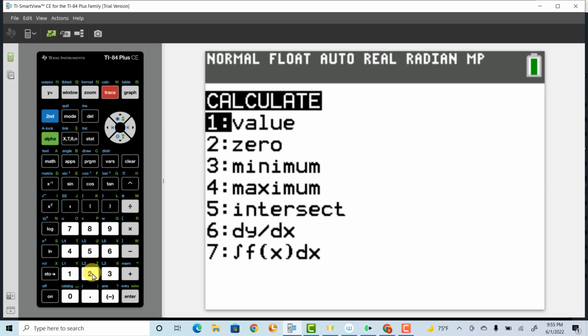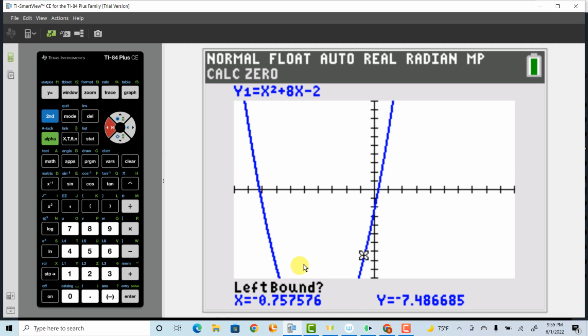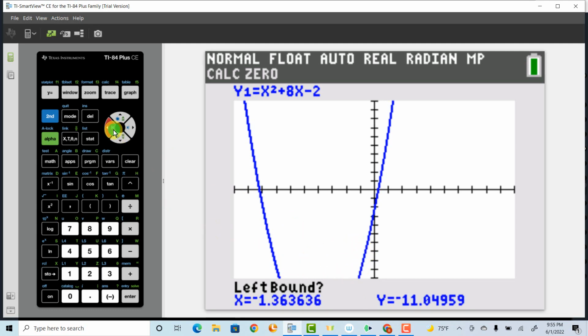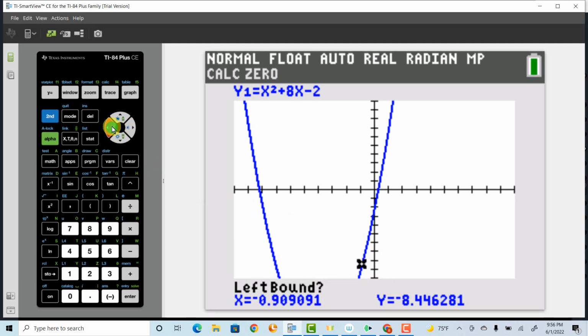Right? Now let's do it again to find this 0. Calculate 0. We're going to move it all the way over. Now, notice when I press my left arrow, I've lost the cursor, but I'm looking at these x and y values, right? So, see right now, x is negative 0.757 and y is negative 7.4. So I'm just going to kind of keep watching it until that y starts coming back up.